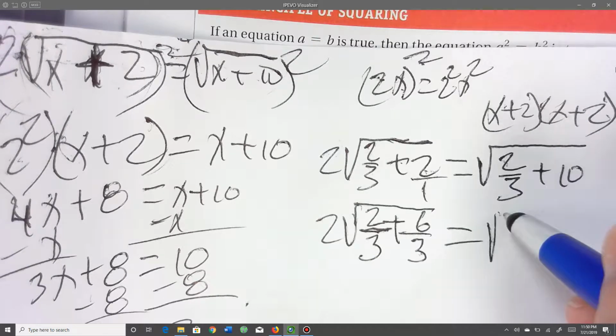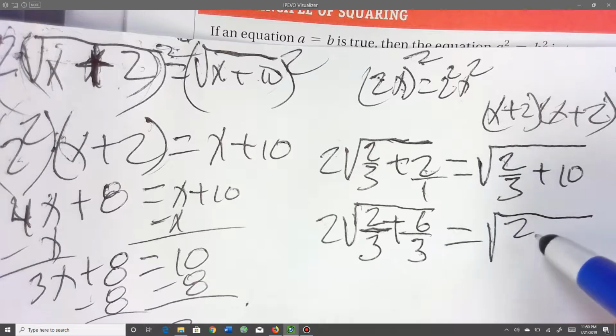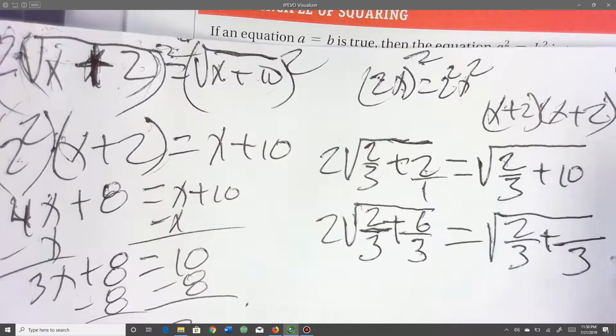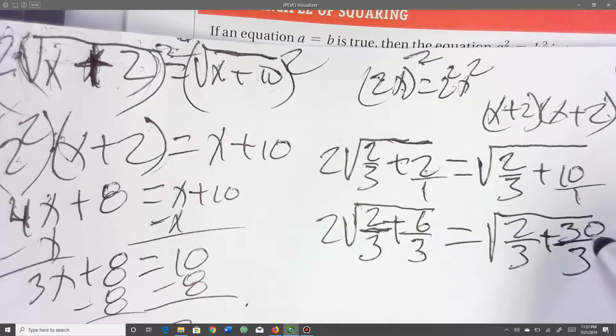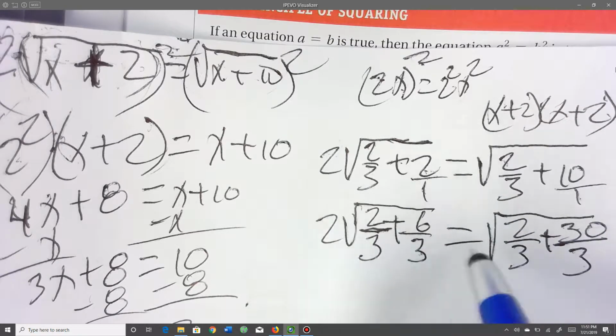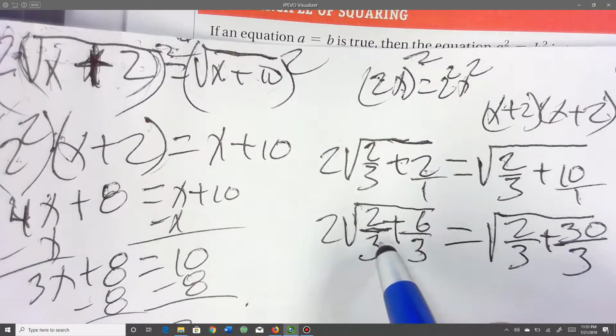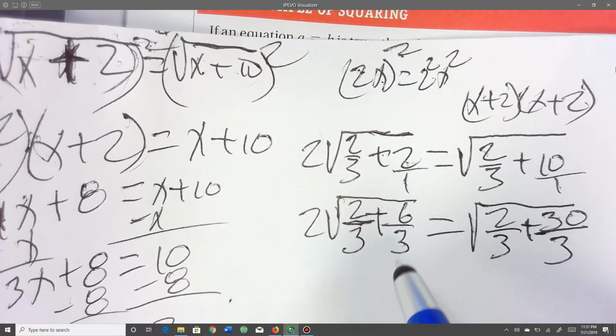Square root of, again I know that I need 2 fractions with common denominators. Since I raised this denominator by a factor of 3, I need to raise this numerator by a factor of 3 also. And now I have addition of fractions with common denominators.